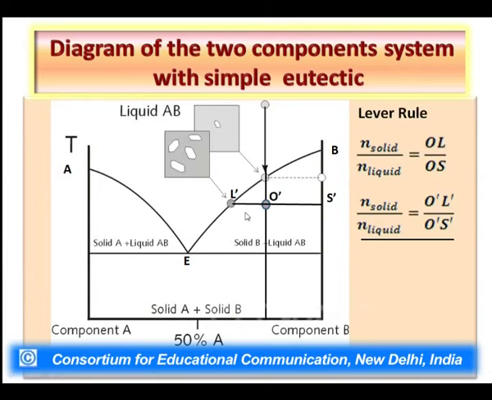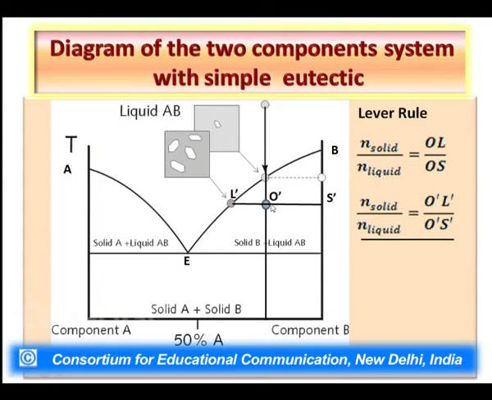Now, as I said, when you continue to decrease the temperature of the system, the amount of solid substance increases and the amount of liquid substance decreases. If we talk about the length of the line segment, the length of line segment OL, or O dash L dash, or O double dash L double dash, is increasing.